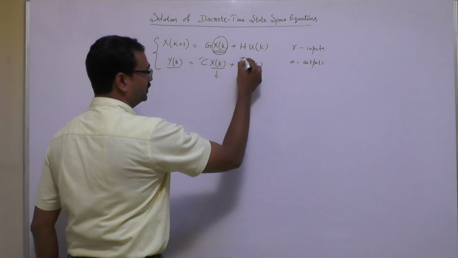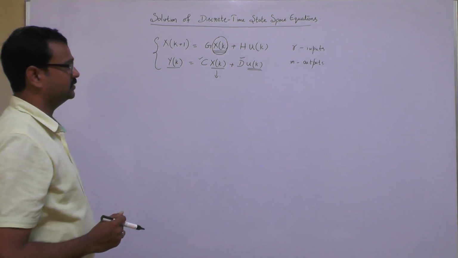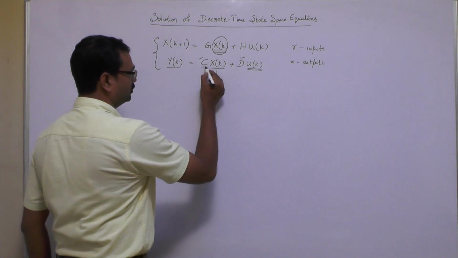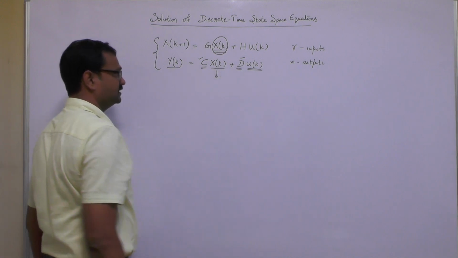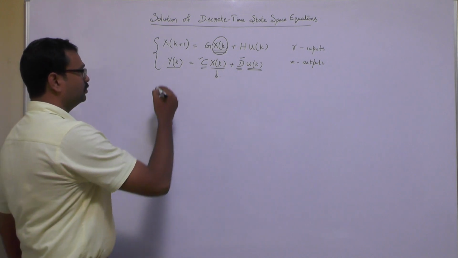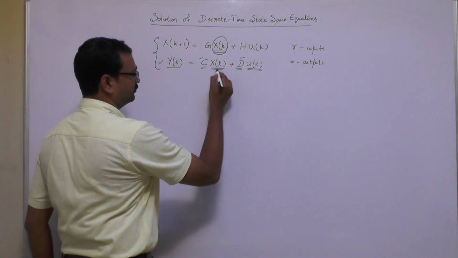C and d are our output matrix and direct transmission matrix, which we already know based on the elements of matrices C and D. Therefore, the output depends upon x of k.